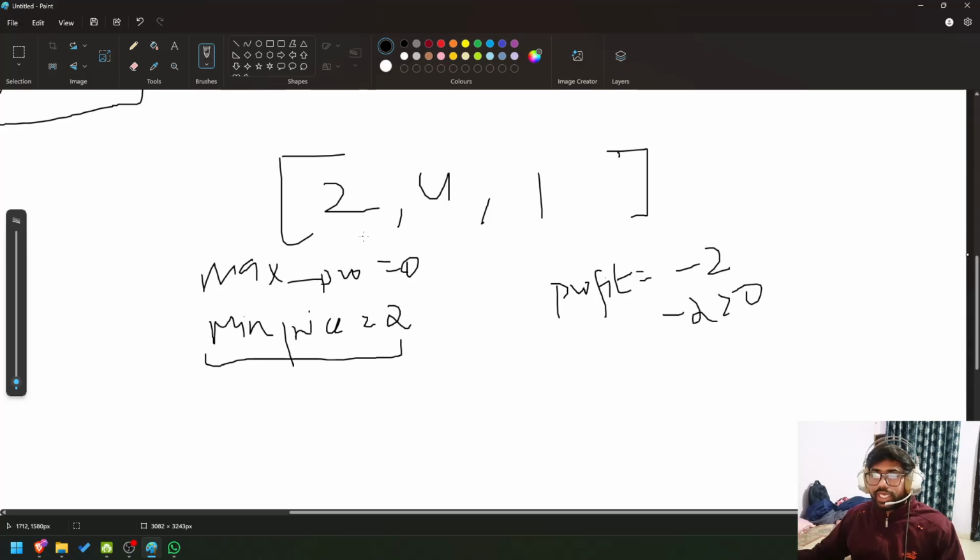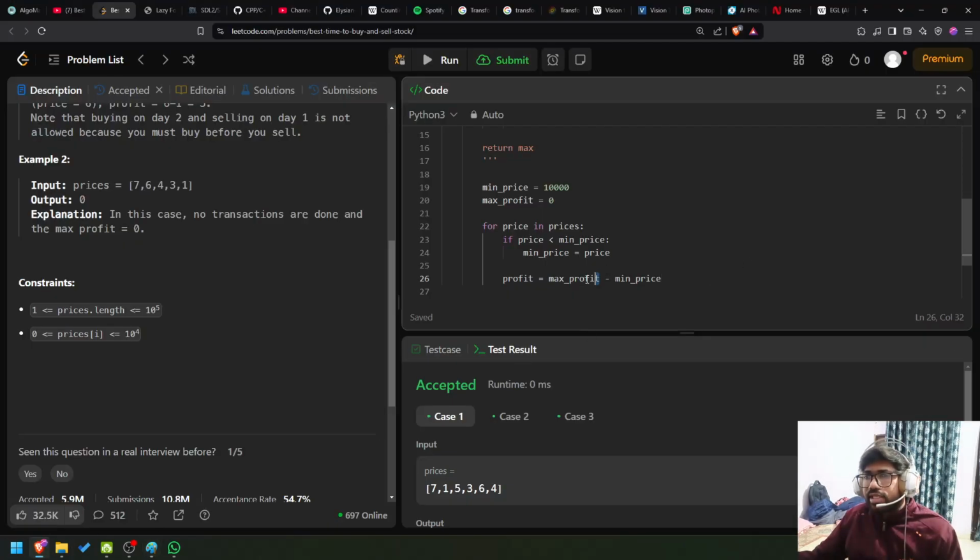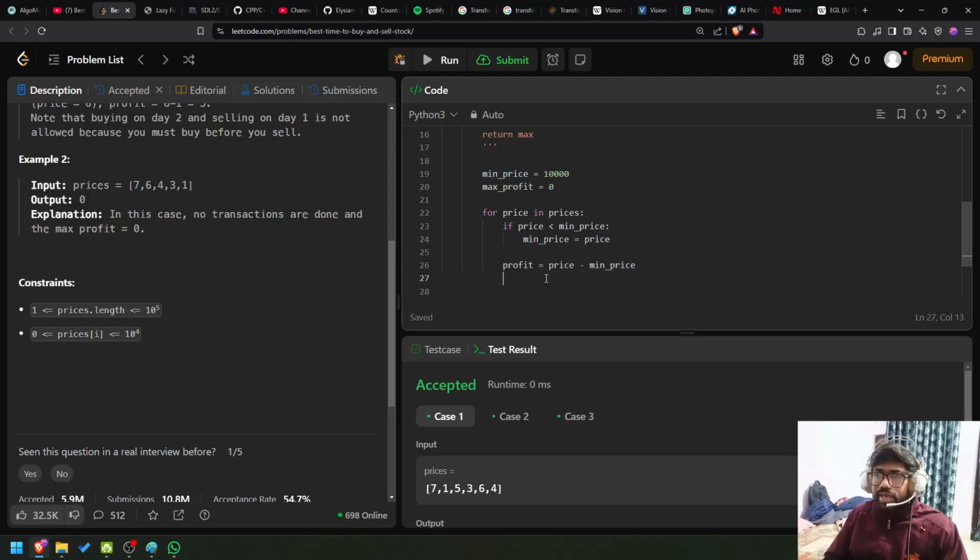We move along. Then we check, is 4 our min price? No, 4 is not our min price. And we say profit is 4 minus 2, which is current price, current profit. No, okay, profit is I'm subtracting the current price minus the min price, right?